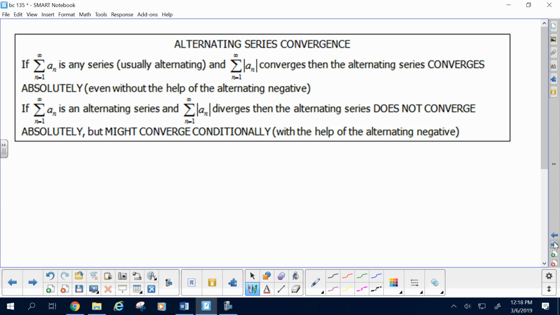If you have an alternating series and the absolute value diverges, then that means the alternating series doesn't converge absolutely. It doesn't mean the series with the negative diverges. It just means it might need the help of the negative. We would need to investigate further, which we'll do later, all right? It might be converging conditionally with the negative.